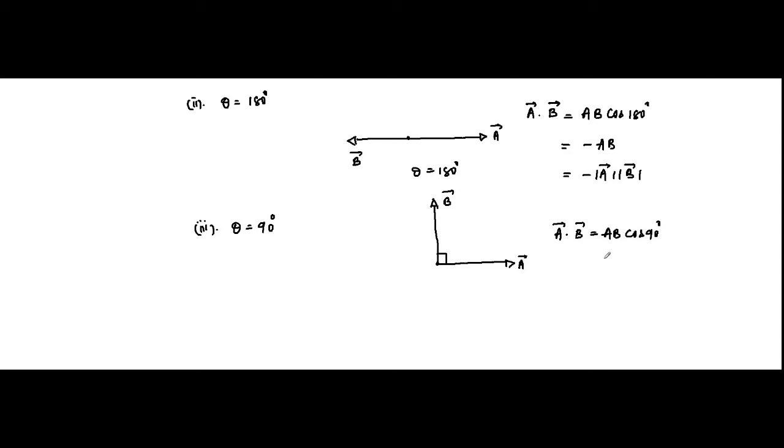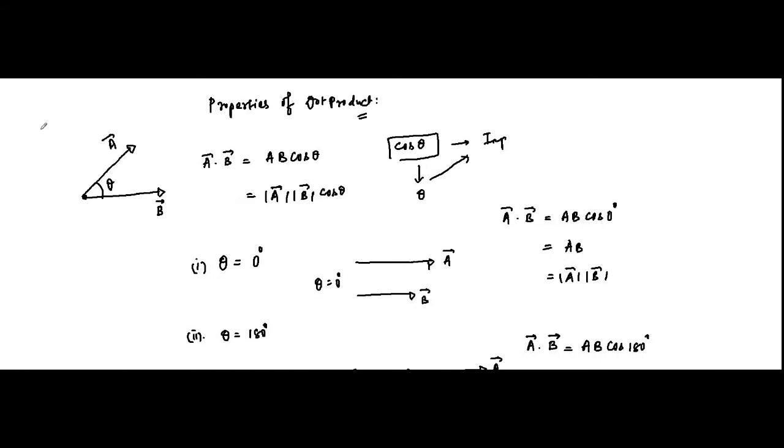Now we know cos 90 degree is equal to 0, so it will be AB multiplied with 0, the result will be 0. So in this case, where the vectors are at right angles with respect to each other, the dot product of the two vectors will be 0. Same is the case when angle is 270 degree, because it's the same thing. So these are the different values of dot product for different values of theta.